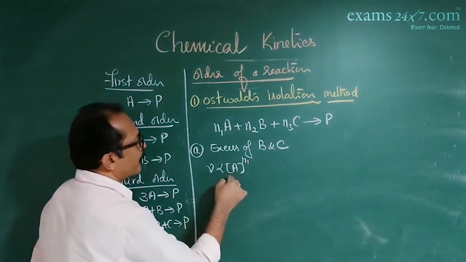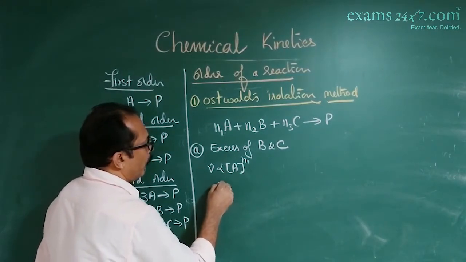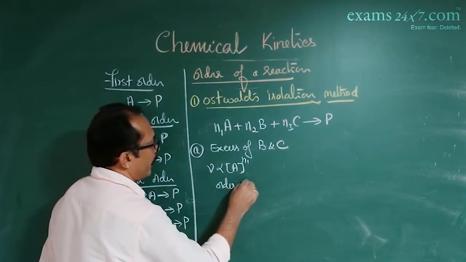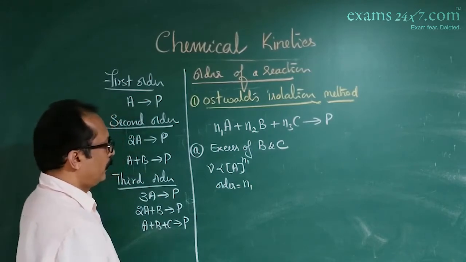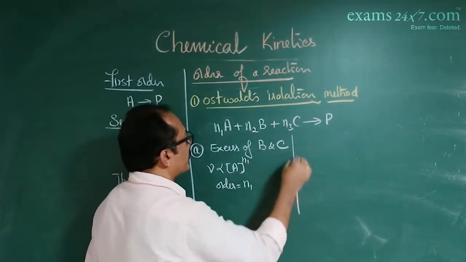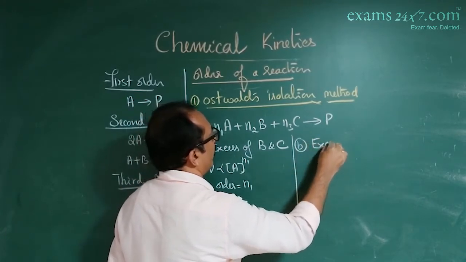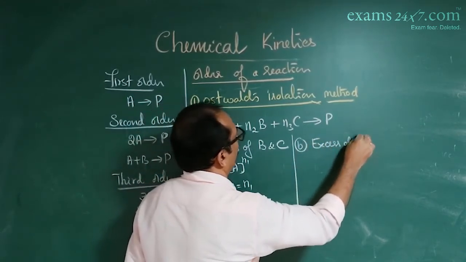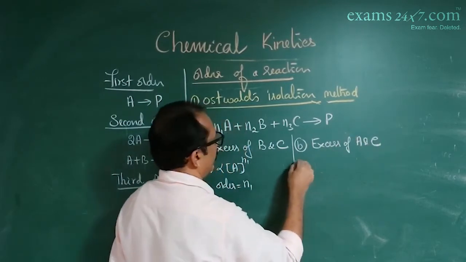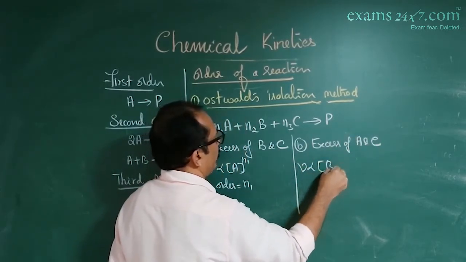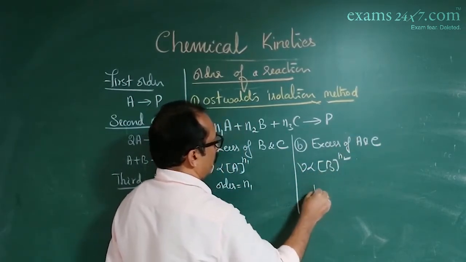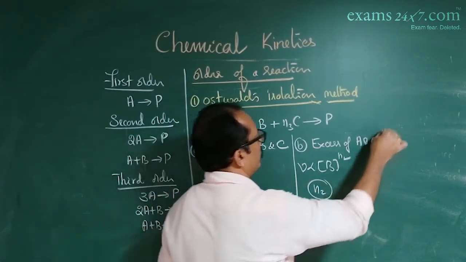So here, with respect to A, what is the order of the reaction? n1. If the reaction is carried out using excess of A and C, rate is proportional to B to the power n2. So what is the order of the reaction? n2.